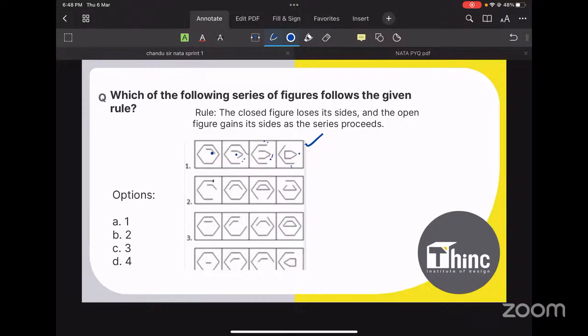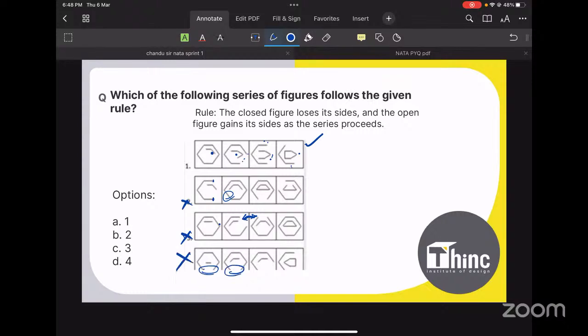See, actually the outer one is gaining 2 sides. Option 2 is wrong. The outer one lost one. That is exactly the same. Option 3 is also wrong. Now comes the final one. Over here also, the outside is losing only 1.